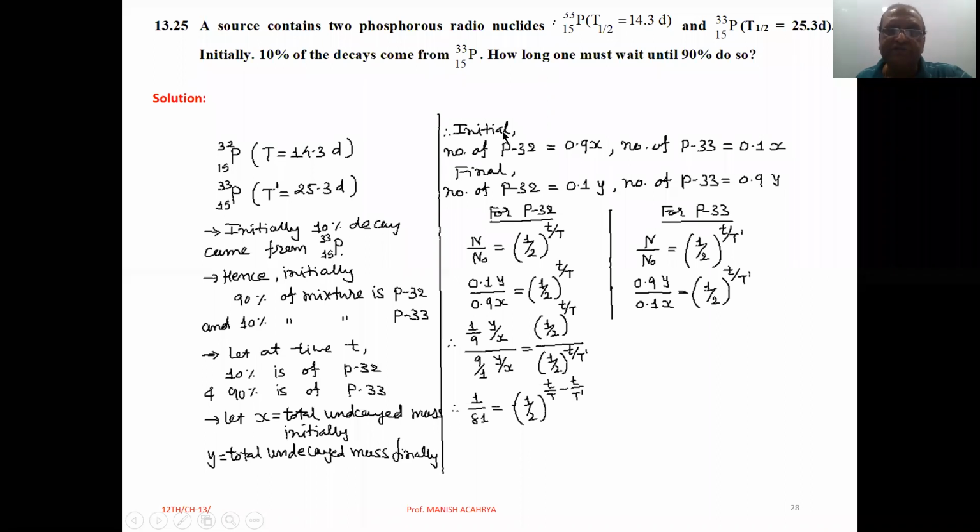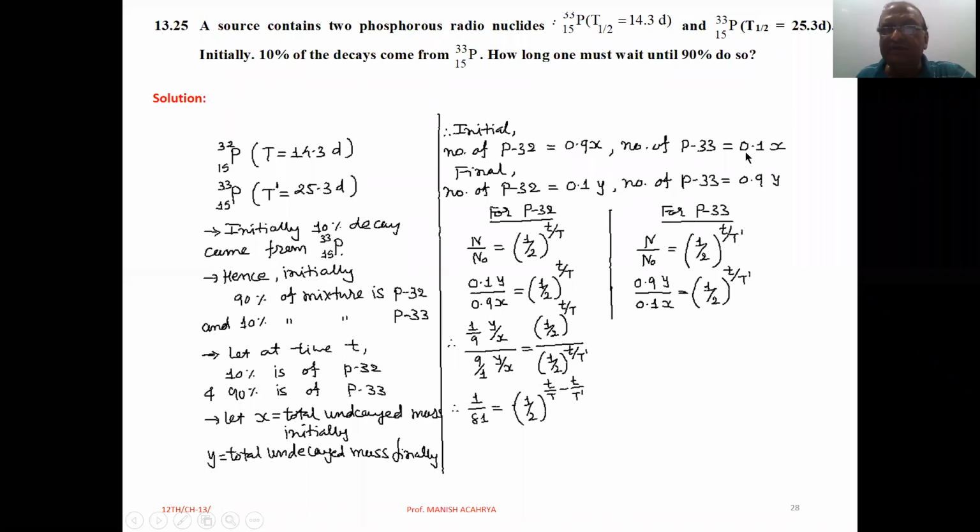So initially number of P32. So look, initially here in the mixture the abundance of P32 is 90%. So 0.9 into x, that is the initial number of P32, and number of P33. So initially P33 is only 10%.